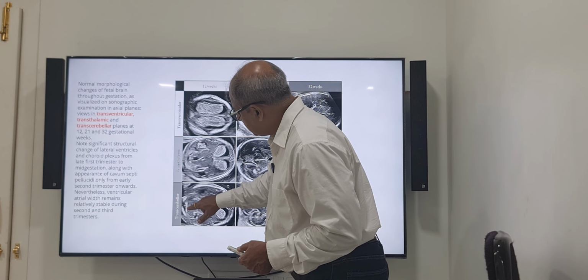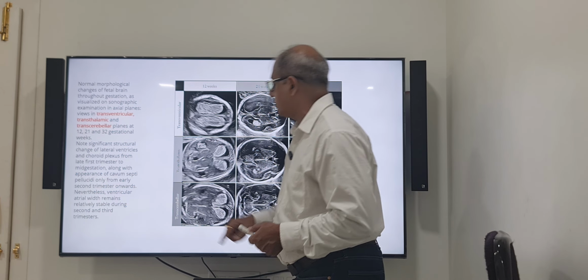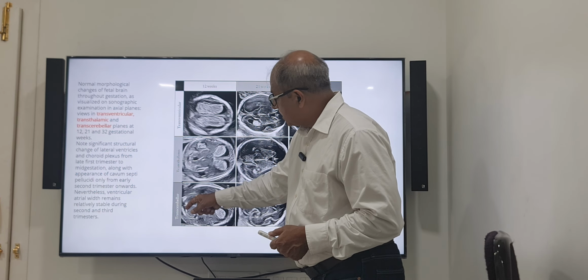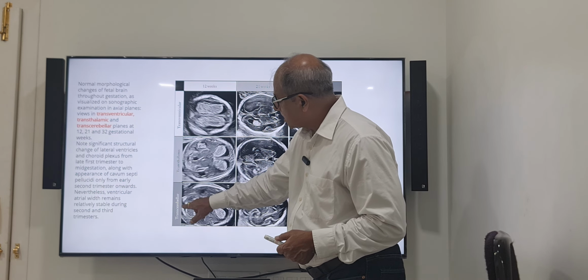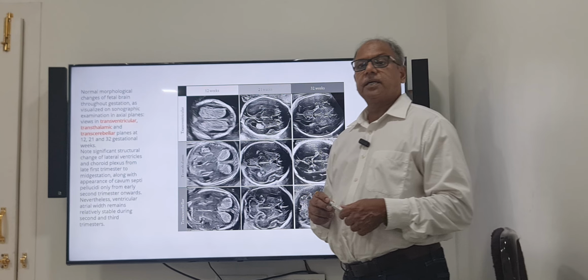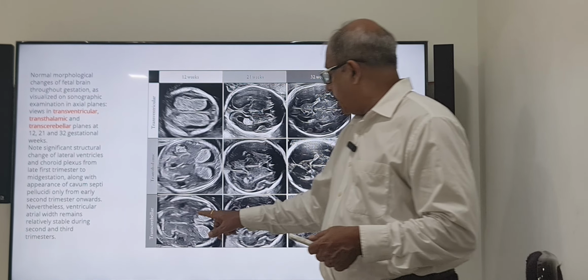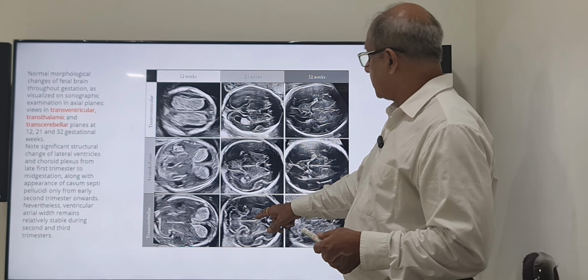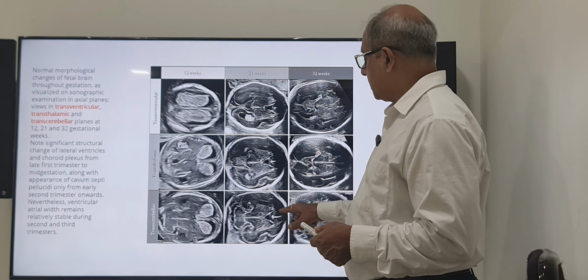If there is formation of the choroid plexus of the fourth ventricle, that means the cerebellum is forming. And just behind this is the developing cisterna magna, and just below that is the formation of the fourth ventricle, that is called intracranial translucency. And when we do the 21 weeks scan, this is the scan when the mid-trimester scan is being done.